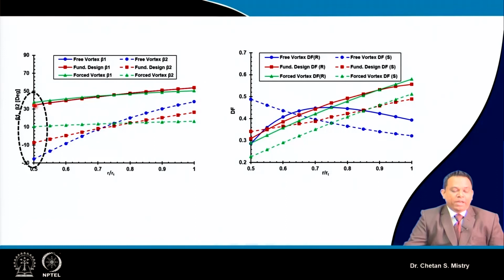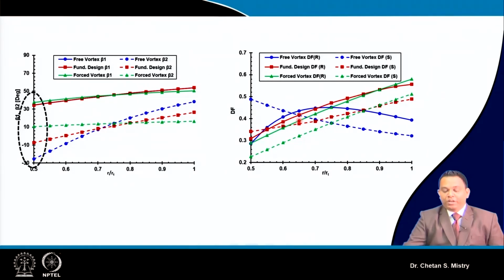The blue color is representing my free vortex design concept, the red color is representing my fundamental method. And if we look at my delta beta here, it is not varying much from hub to tip. And my beta 1 is varying because my axial velocity is going to vary.